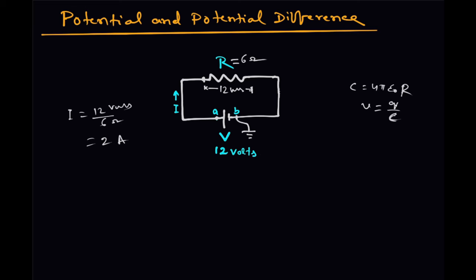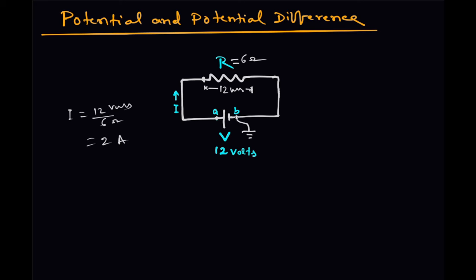So whatever amount of charge is going to the Earth, it does not matter. So if this C is very large, V is considered as 0. So this point, if connected to Earth, then the potential of this point is treated as 0. So by convention, the potential of Earth is treated as 0.